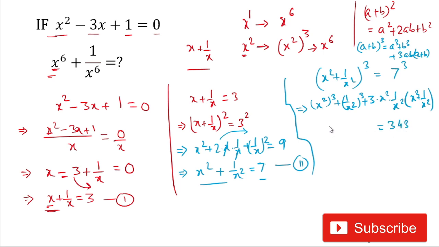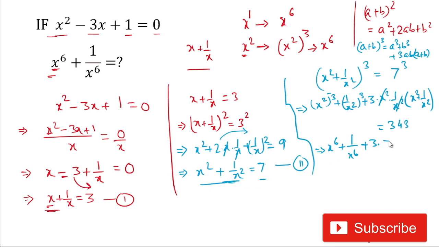That is 7 cube is 343. So now we'll solve this: x square and x square get cancelled. So we can write here x square to the power 3, the power will be multiplied, so it will be x to the power 6, plus 1 by x to the power 6 again, plus 3 multiplied by the value of x square plus 1 by x square, which we have calculated here as 7.